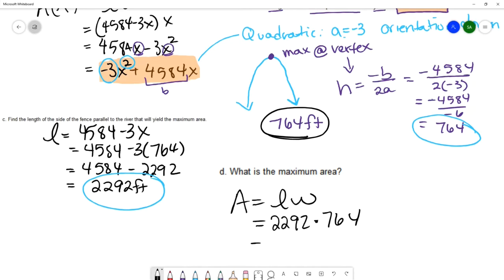And that gives 1,751,088 square feet. So this is the maximum area for our enclosed region, giving us fencing of 4,584 feet.